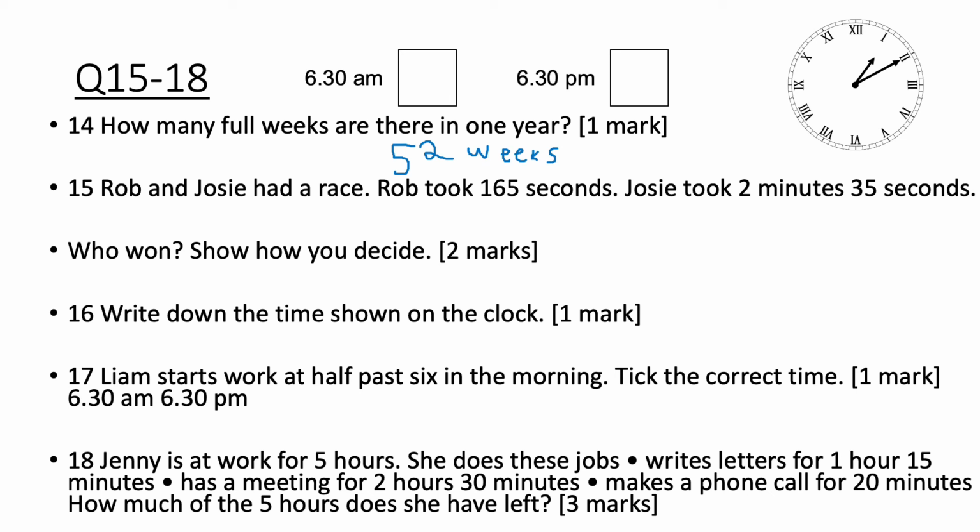Okay, question number 15. Rob and Josie had a race. Rob took 165 seconds. Josie took 2 minutes 35 seconds. Who won? Show how you decide. Well, let's convert 2 minutes 35 into seconds. So there are 60 seconds in 1 minute. So what I'm going to put is SECS for short is 1 min.